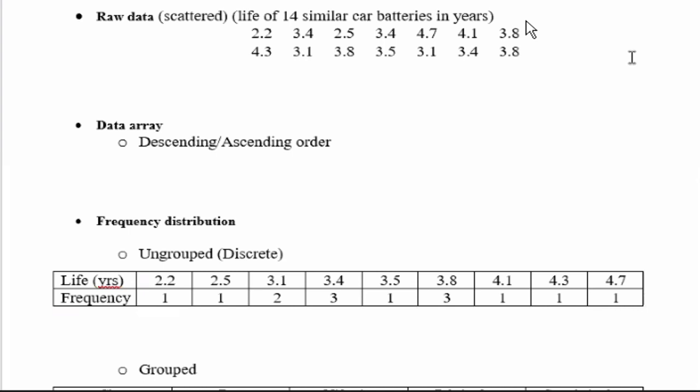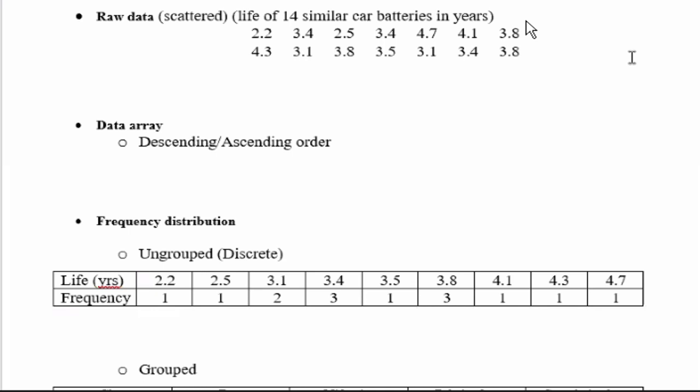So even if we have, say, 100 data points like this, in the raw form or scattered, it is very difficult to make use of this information. We can't process it. We don't even have an idea about what is the lowest and what is the highest value in this.